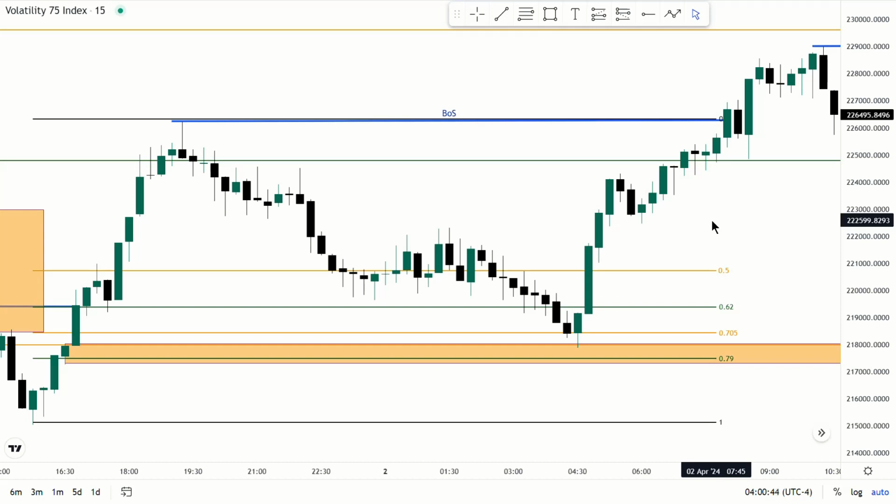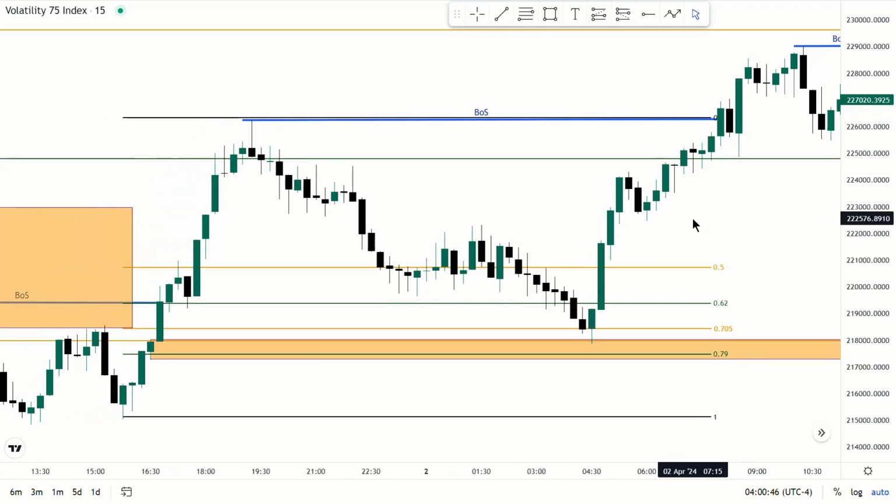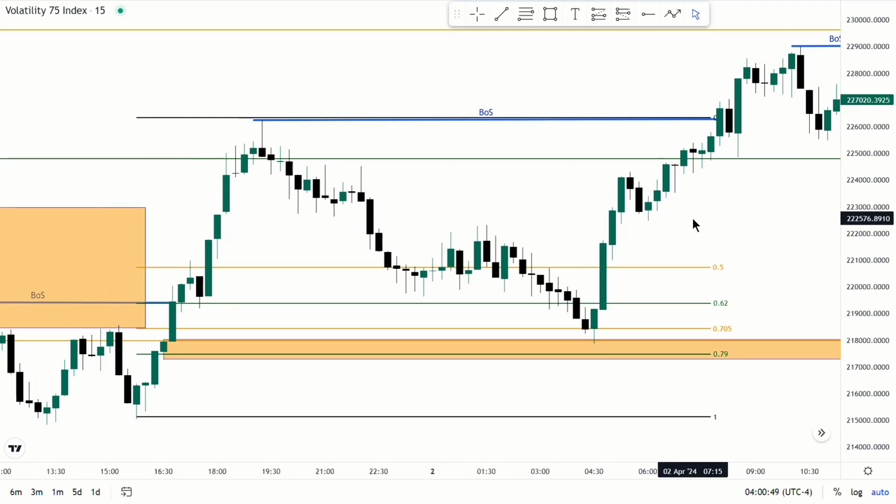All right. So when you zoom in like that, where is your first decision of POI? It's right here. This is not your decision of POI. Okay, this is inducement. You can see clearly here, there's no pullbacks up there. Okay, so if you pick this as a decision of POI, you are going to lose money.